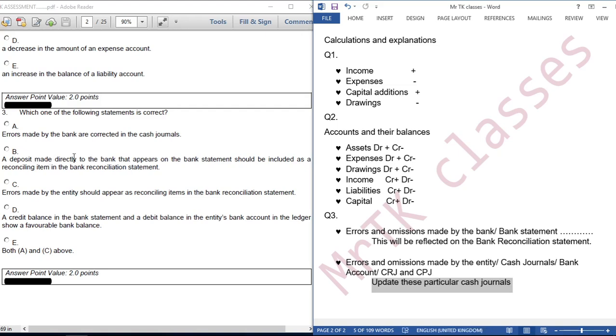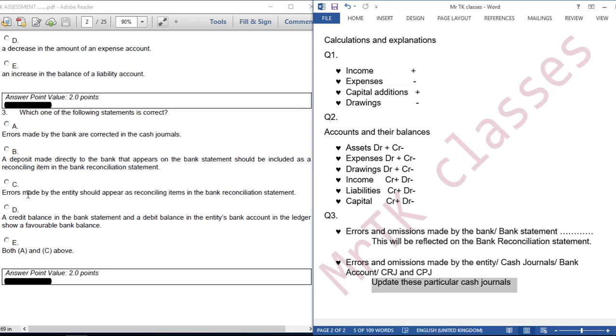A deposit made directly to the bank that appears on the bank statement should be included as a reconciling item in the bank reconciliation statement. This is wrong. This thing is appearing on the bank statement, so we cannot show it again as a reconciling item on the bank reconciliation statement. It should come to the updated cash book. So B is wrong.